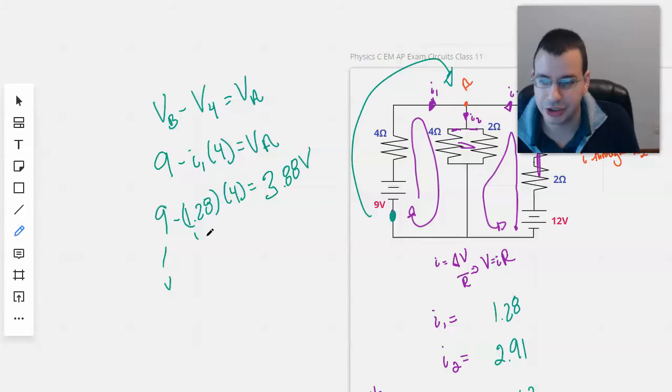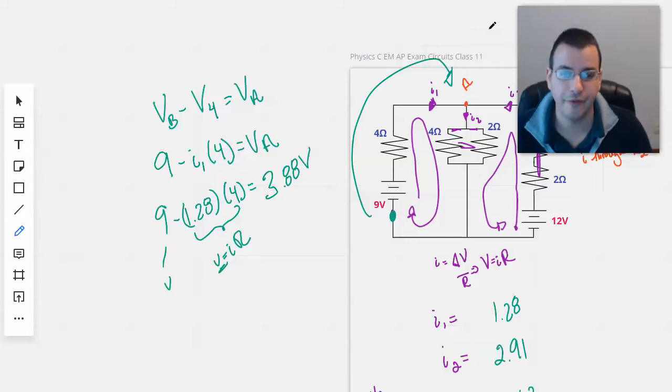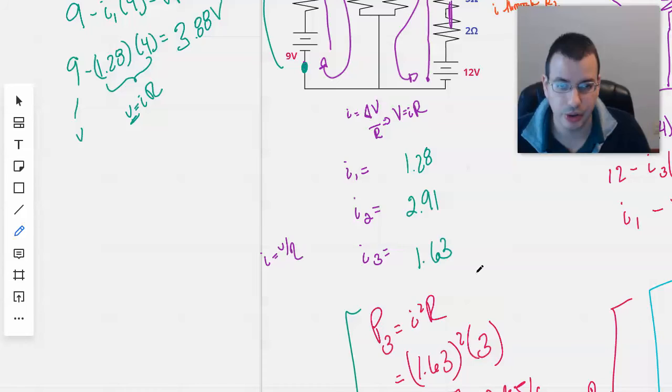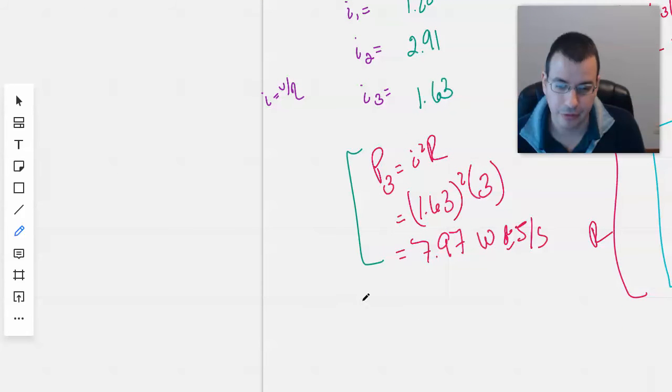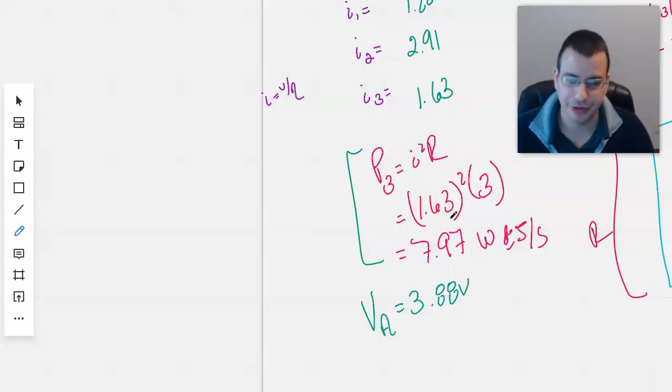Because this is volts, and then by Ohm's law, V equals IR, so that is also volts. So I'm going to write that voltage at point A equals 3.88 volts.